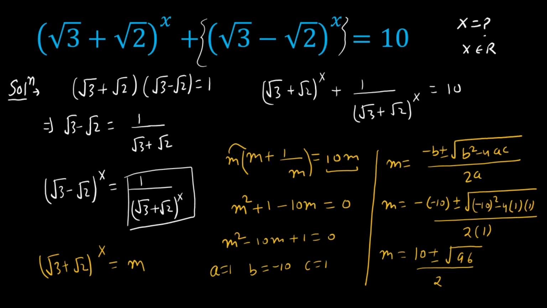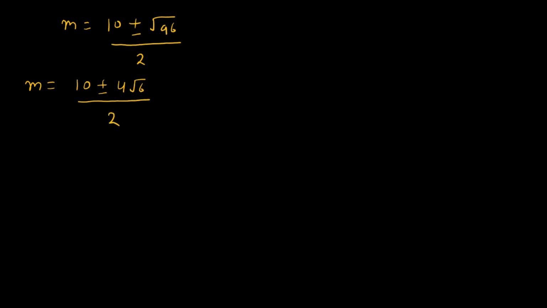Then the value of m is 10 ± √96 divided by 2. √96 is the same as 4√6.